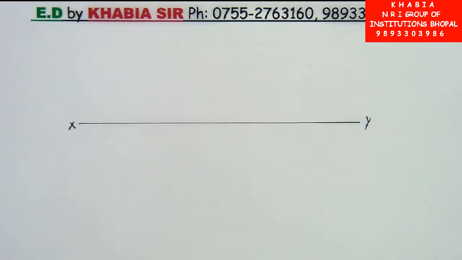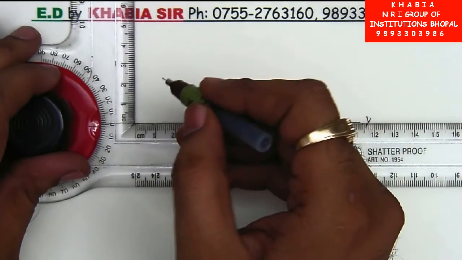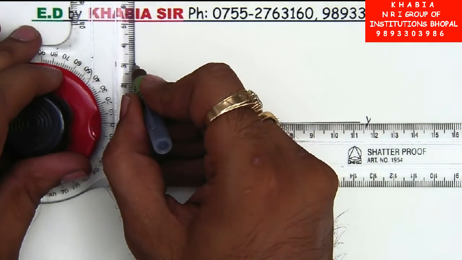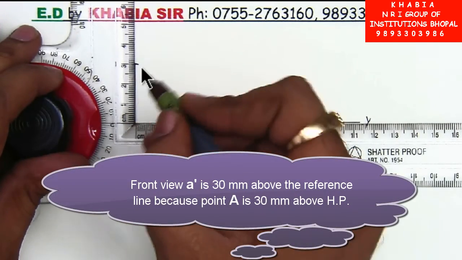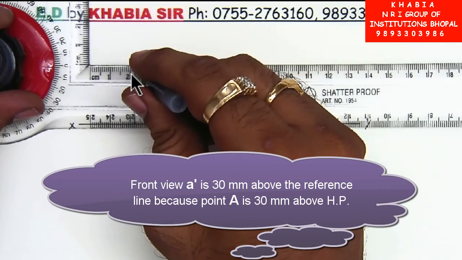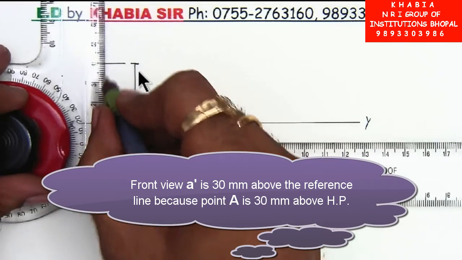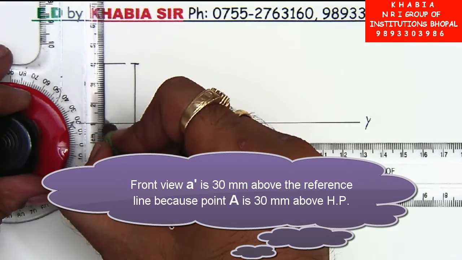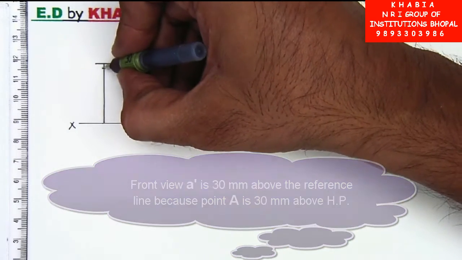Then draw the projector for the front view of point A perpendicular to the horizontal reference line XY. The front view of point A is 3 cm above the reference line because in 3 dimensions point A is 3 cm above the horizontal reference plane.